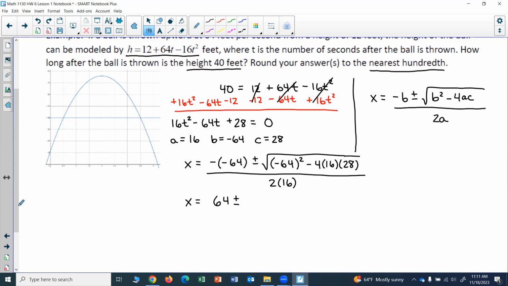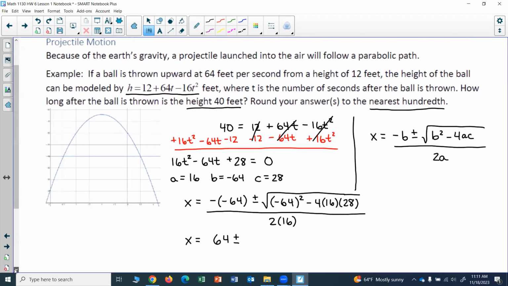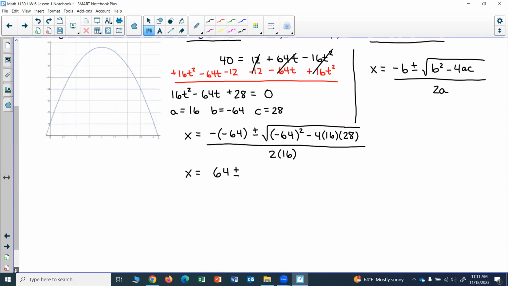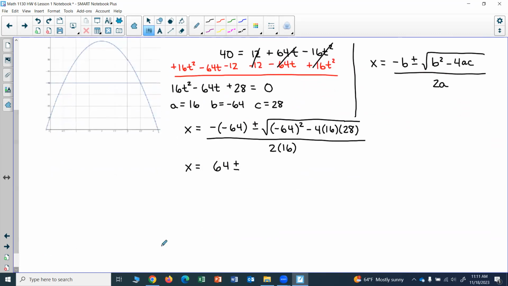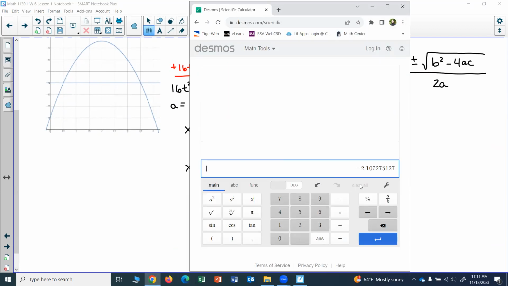And now I want to use my calculator to figure out the radicand, the number that is underneath the square root. Okay, so I have my calculator.